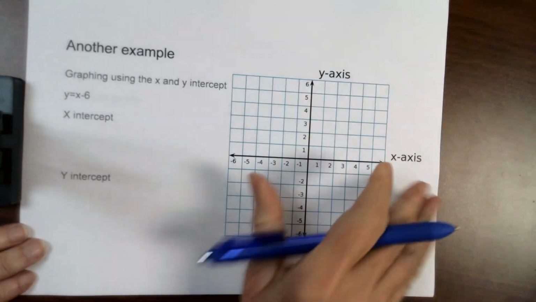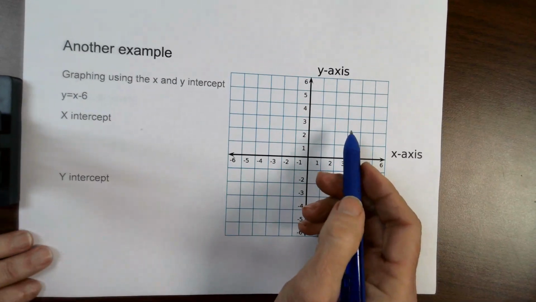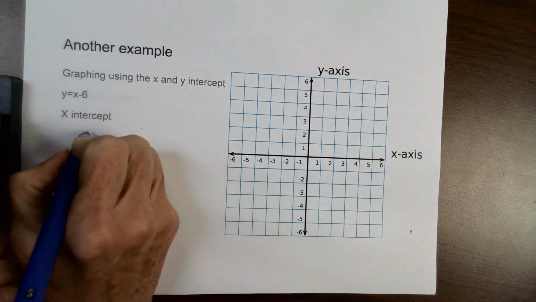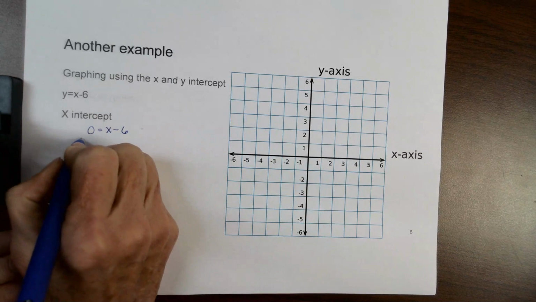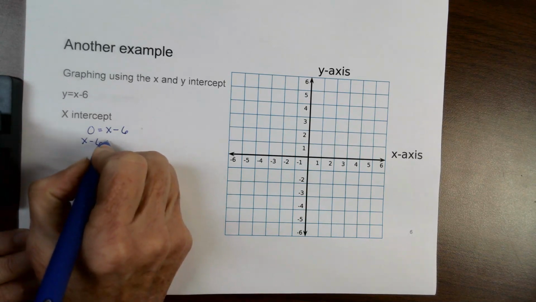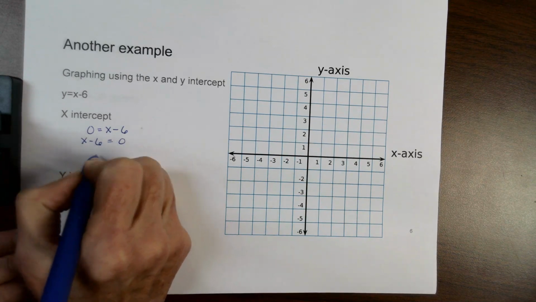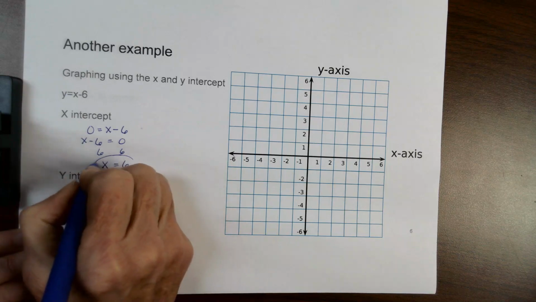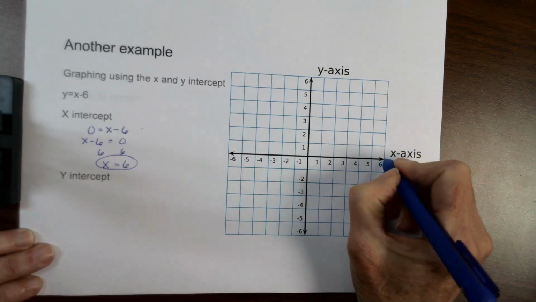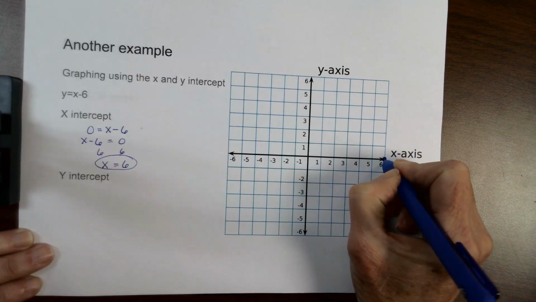Here's another example. It says graph using the x and the y-intercept. Again, for the x-intercept, I let the y equal 0. So I'm going to add 6 to both sides, and I'm going to get x is equal to 6. So that's going to be that spot right there.